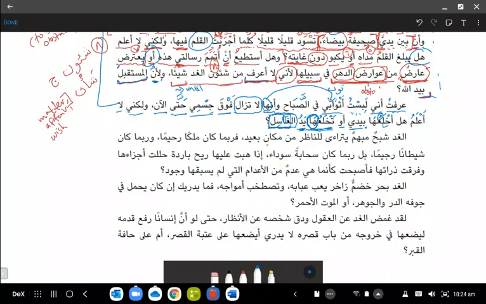So this pattern, ghasil, katib, qari, very common pattern. And the reason why it's easy to figure out is because it's literally based on the fa'il pattern. Right? The fa'il, ghasil, katib, qari, nasir, nazir. So it's a very common pattern.